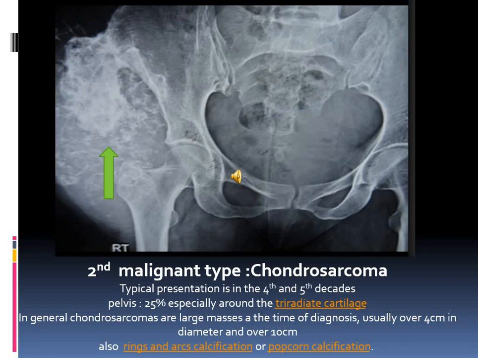Here you can see there is mixed density, low and high dense, in the right hip joint. This mixed density appears like popcorn or just areas of ring and arcs calcification. This is diagnostic for Chondrosarcoma calcification, usually seen in the 4th and 5th decade of life and very large at the time of the diagnosis.